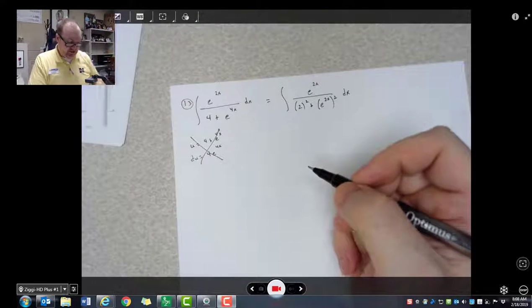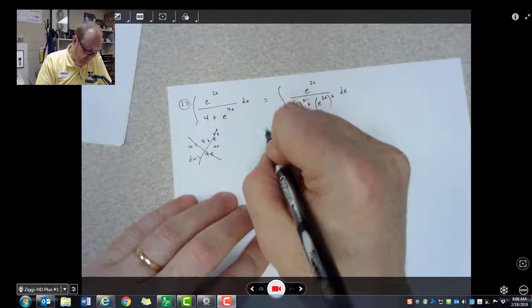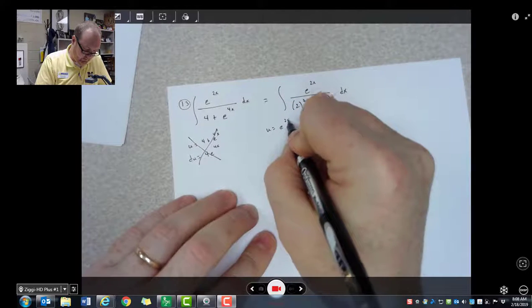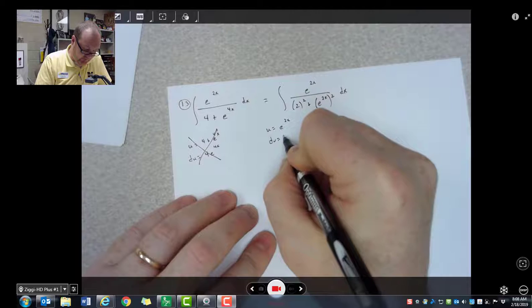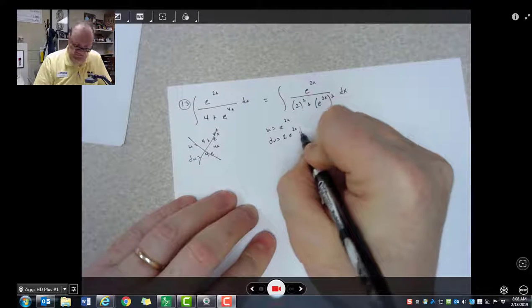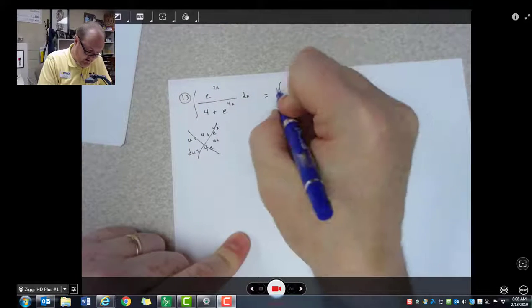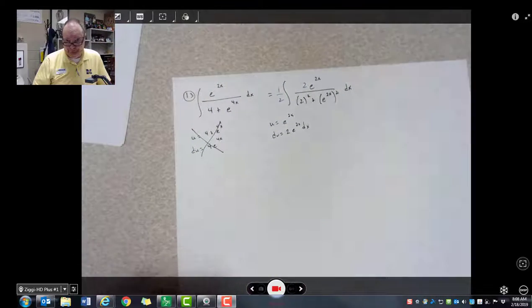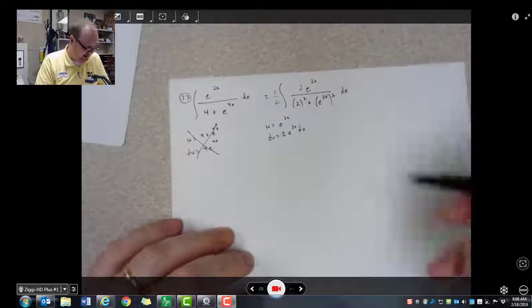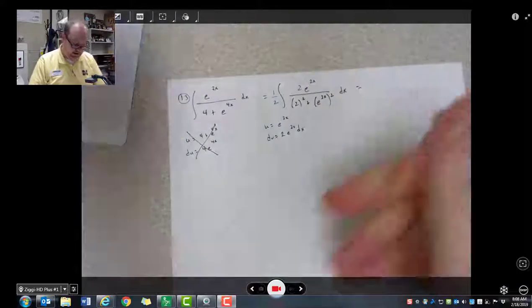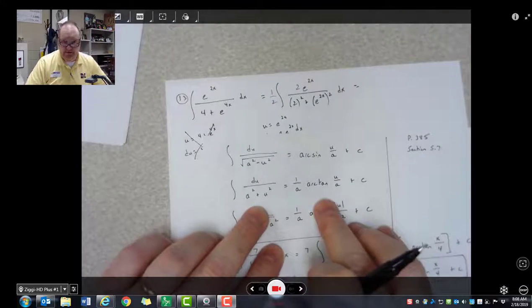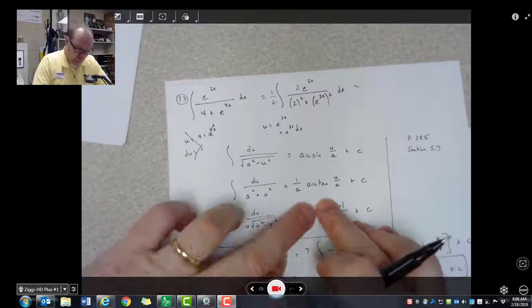So now if I choose u to be e to the 2x, then the du is 2e to the 2x. So I've got everything that I need there. Put my 2 in, take it back out. And now I'll use my arctangent formula. That arctangent formula says 1 over a.